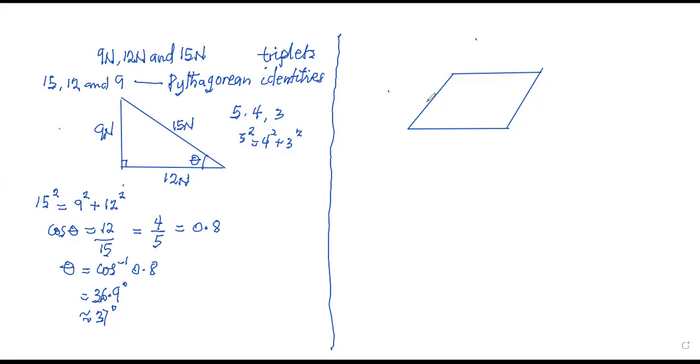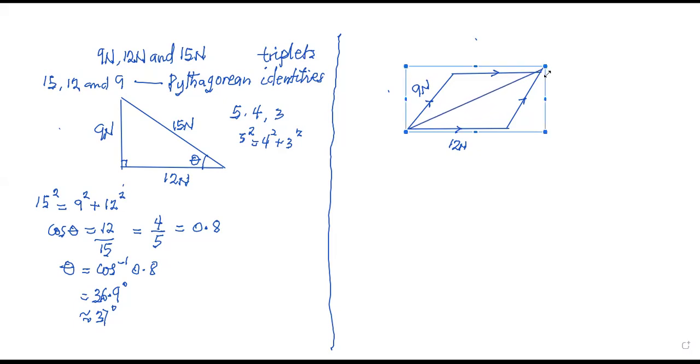So this is 9 Newton. This is also 12 Newton. By doing this, this will also be 12. This will also be 9. Meaning that the resultant can be drawn from their common point, from the diagonal at their common point to the other point.